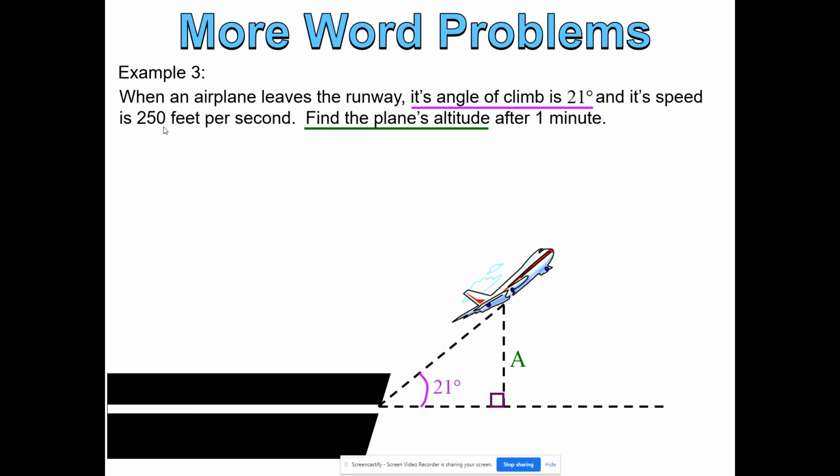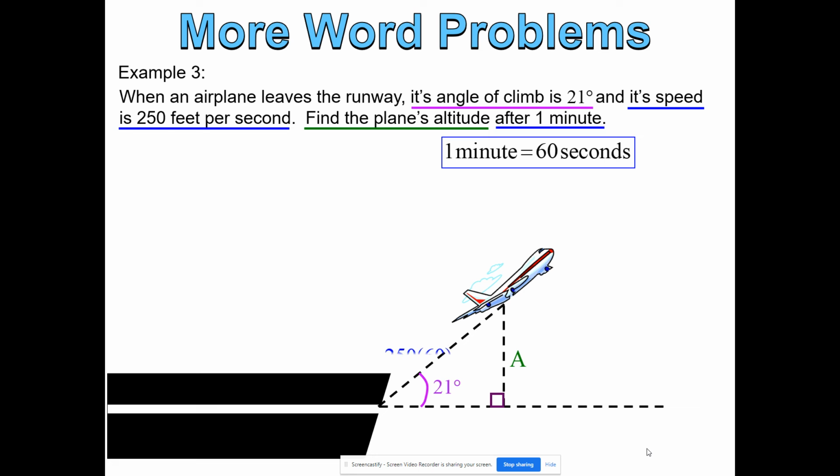For every second that goes by, this plane is traveling 250 feet in this direction. After 1 minute, there are 60 seconds, which means there are 60 times 250 feet. So we know this hypotenuse by multiplying 250 times 60, which is 15,000 feet.